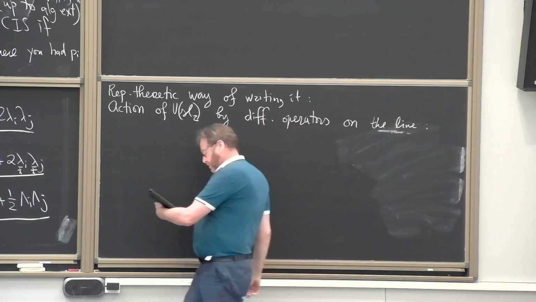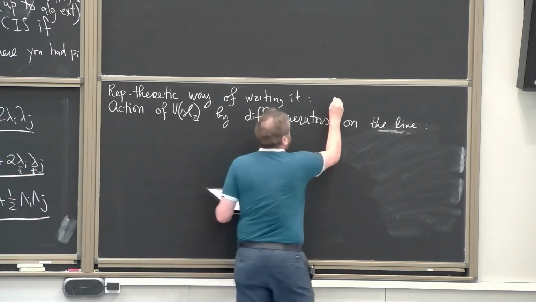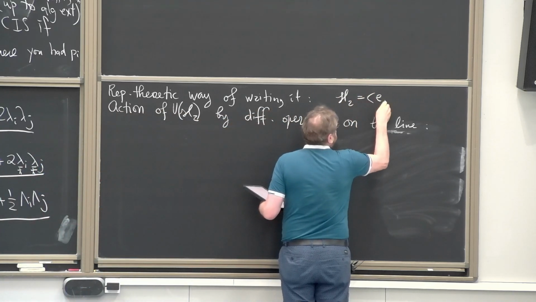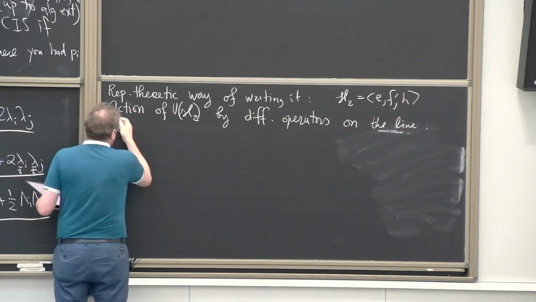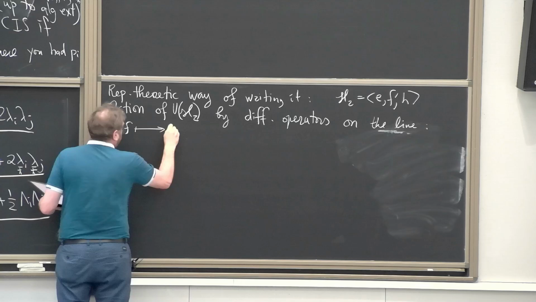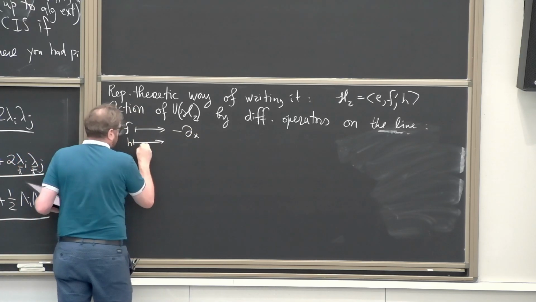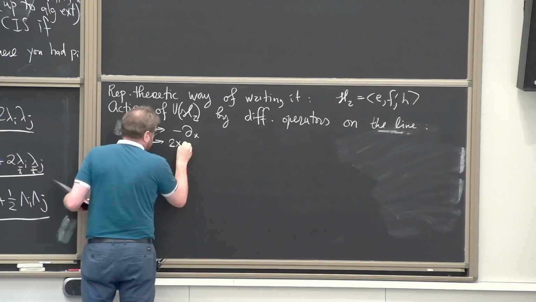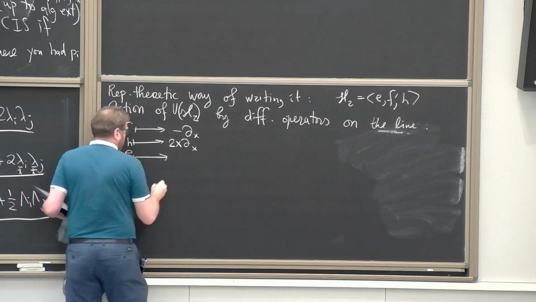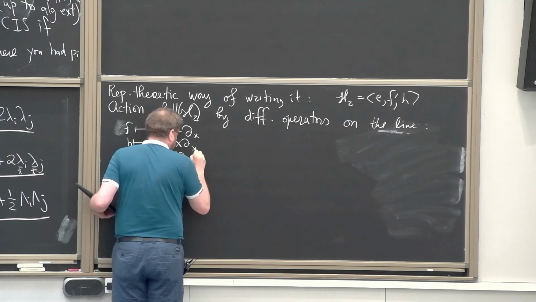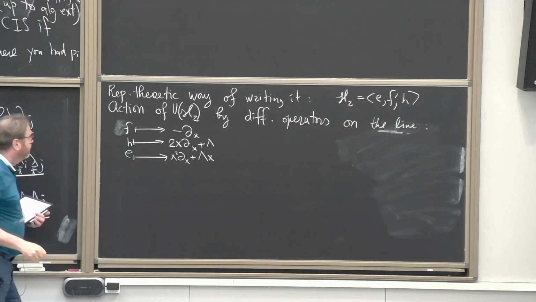So this is a well-known action. Let's recall that SL2 is generated by E, F, and H with the standard relations. Then F goes to minus d_x, H goes to twice x d_x plus lambda, and E goes to x squared d_x plus lambda x.